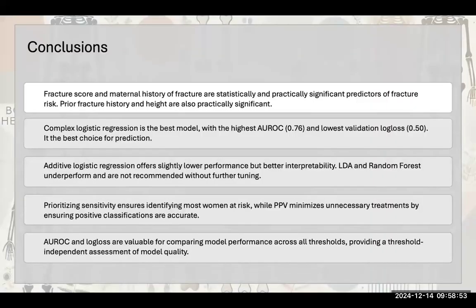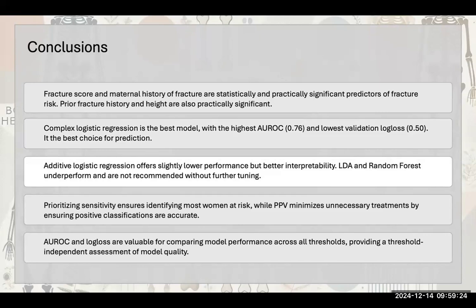So in conclusion, fracture score and maternal history of fracture are statistically and practically significant predictors of fracture risk. Prior fracture history and height are also practically significant. The complex logistic regression model is the best with the highest area under the ROC curve and lowest validation log loss. It's the best choice for prediction. Additive logistic regression offers slightly lower performance but better interpretability.